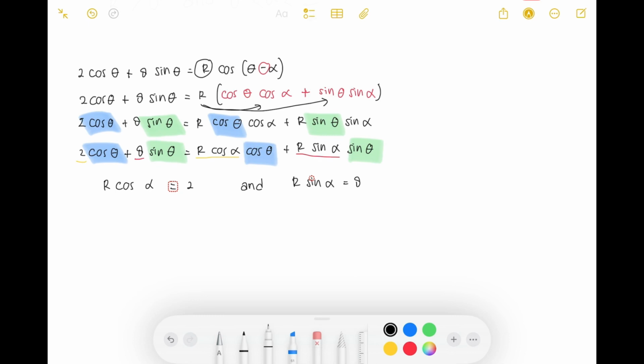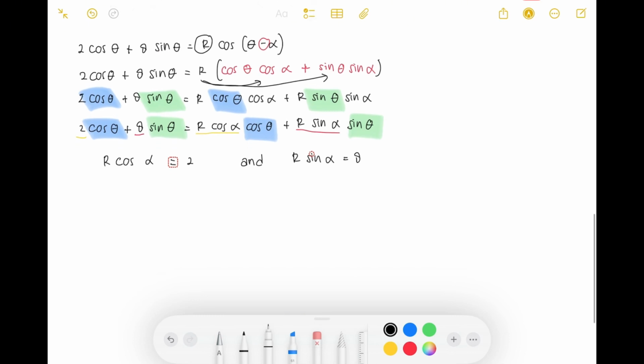Later on we can find the r. Okay, let's find the alpha first. How do we find the alpha using these two equations? Okay, so actually we can divide r sine alpha by r cosine alpha, so that later on we may come up with the alpha.